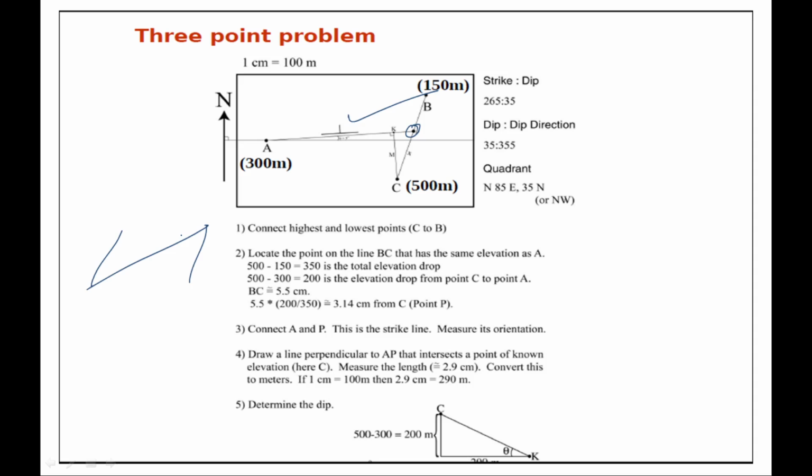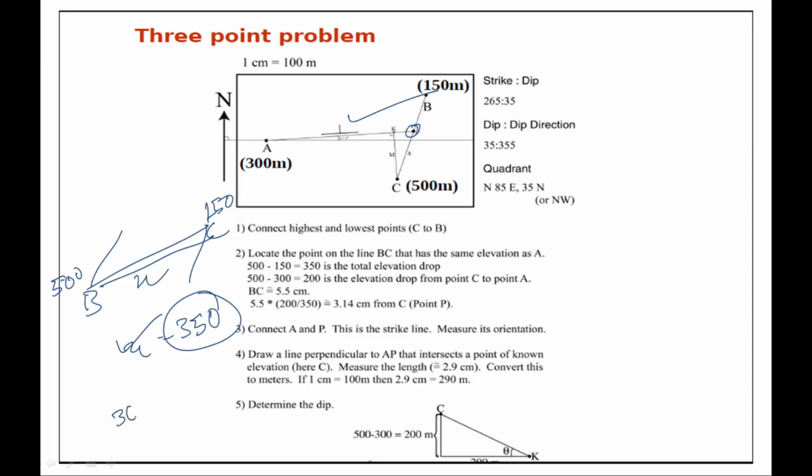You can also use a scale. You can use the total length between A and B, suppose it is x. Suppose it is 500 here and 150 meter here, that is around 350 meter difference. For 350 meter difference it is x.